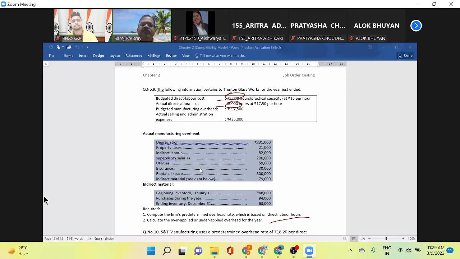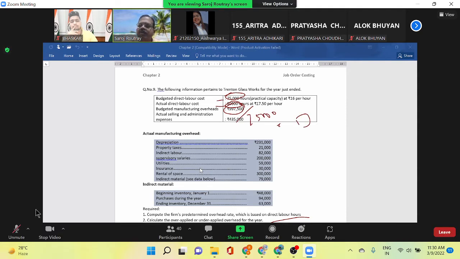While calculating the POHR, you will take the total budgeted manufacturing overhead divided by the budgeted labor hours, 75,000. So that will be your POHR. While applying, you will apply that POHR with the actual labor hours, 80,000, and you get the manufacturing overhead which is absorbed.